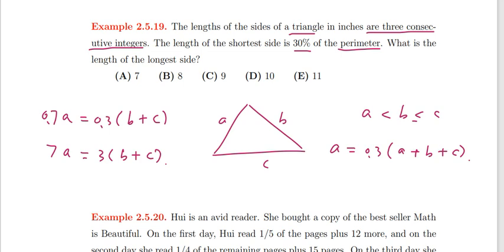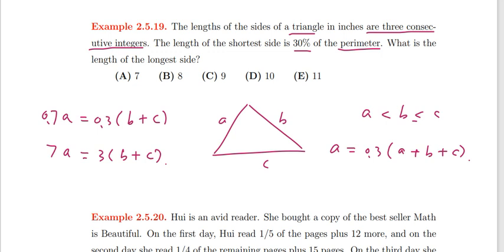So here we have only one equation and 3 unknown variables A, B, C. In the general situation, we cannot solve. But what is the special condition here? A, B, C are integers, and not only integers, but consecutive integers, right?